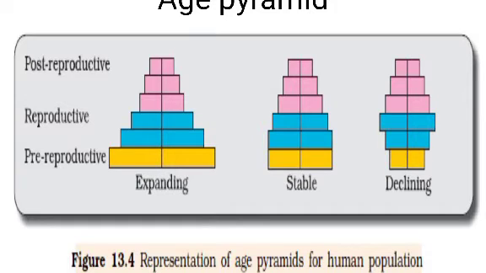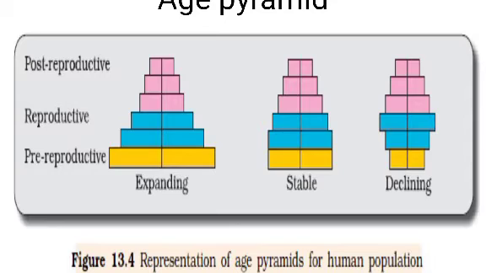See the first age pyramid: the pre-reproductive age group is more when compared to the post-reproductive age group, isn't it? Pre-reproductive means so many individuals are there who are next going to become the reproductive age group, and so they are capable of increasing the population.